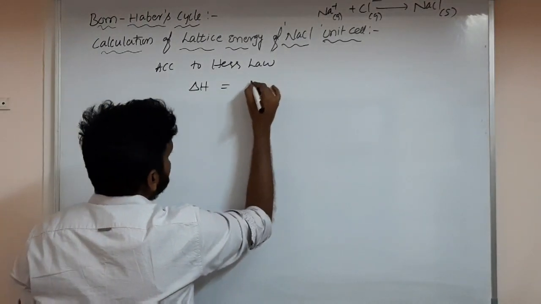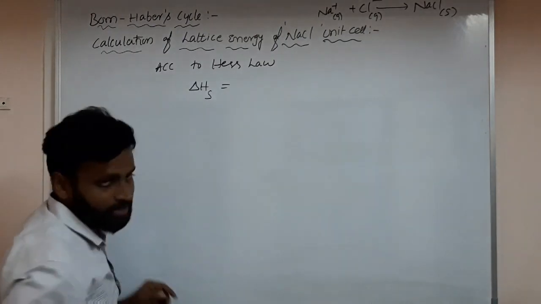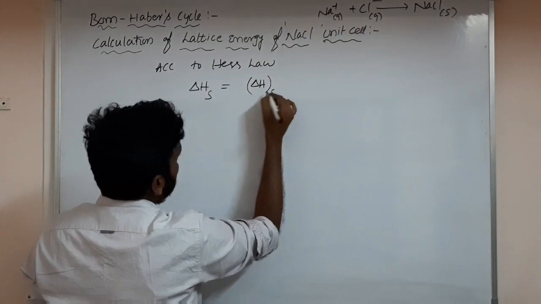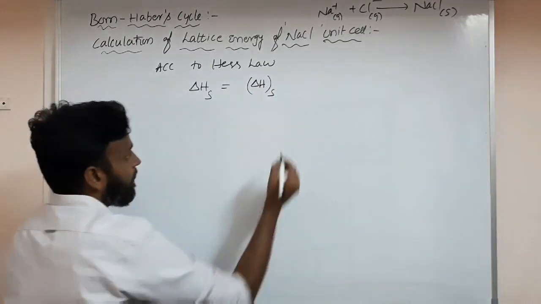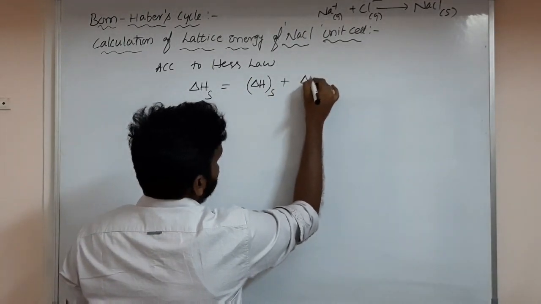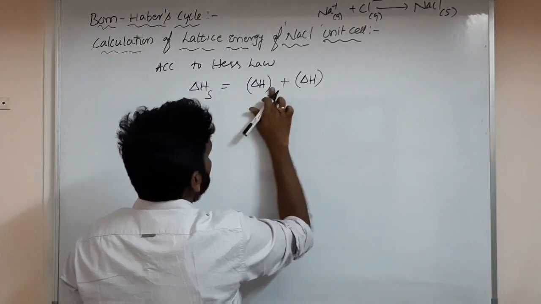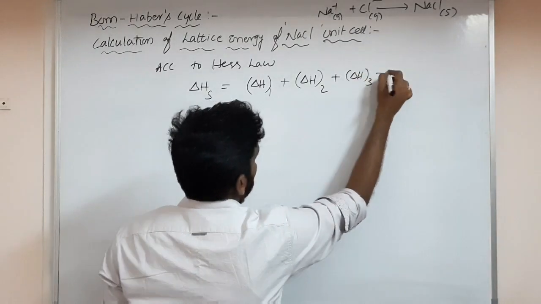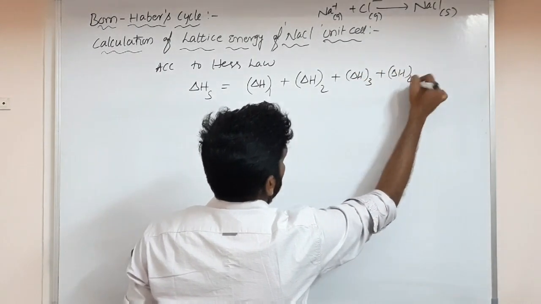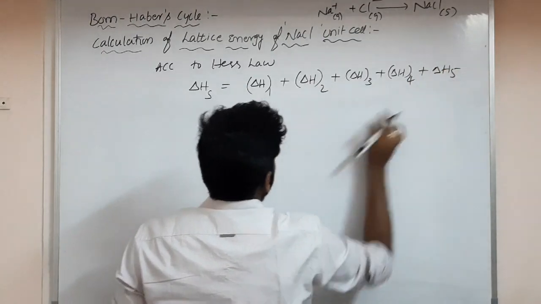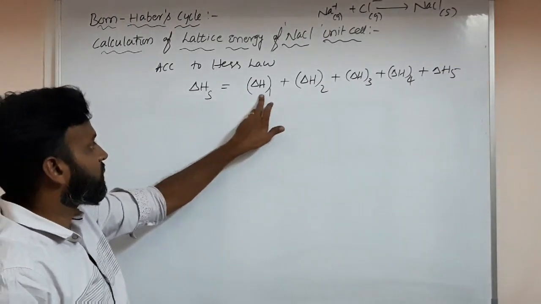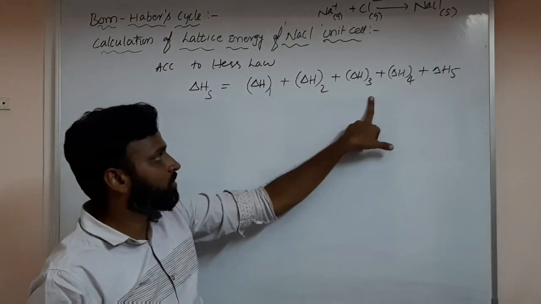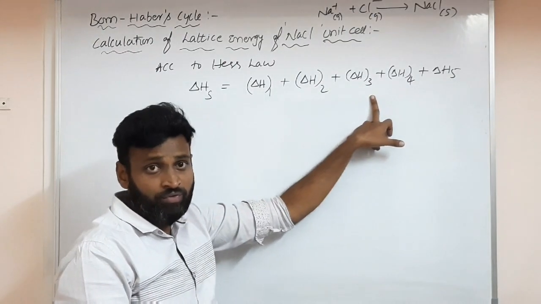Delta H single step is equal to delta H1, which is called sublimation, plus delta H2, delta H3, delta H4 and delta H5. First step sublimation. Second step ionization potential. Third step dissociation. That's why I said you write down before.